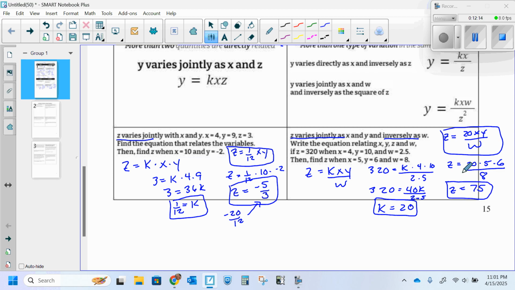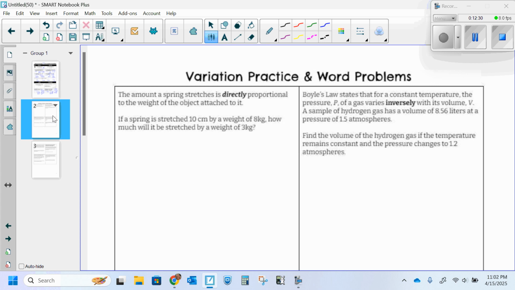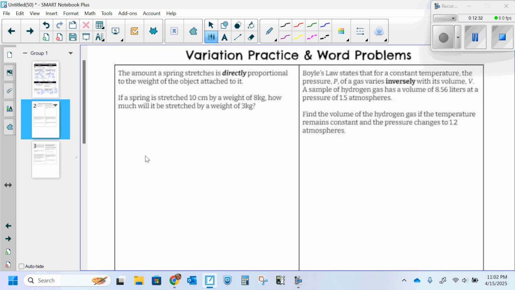Now, variation is going to involve a lot of word problems. They're not going to be so straightforward with x, y's, and z's and w's and all that. So what you're going to do is use letters of the alphabet that relate to the subjects of your problem. So let's take a look at this. All right, the amount a spring will stretch, right?